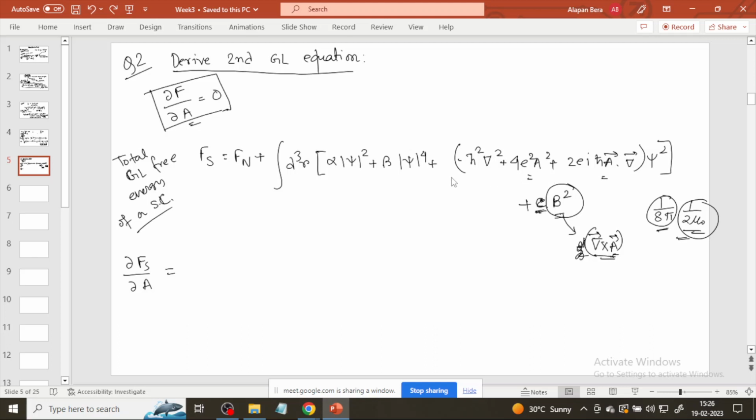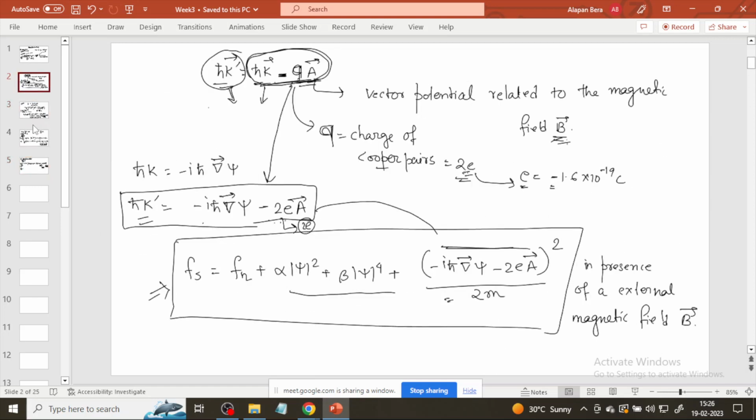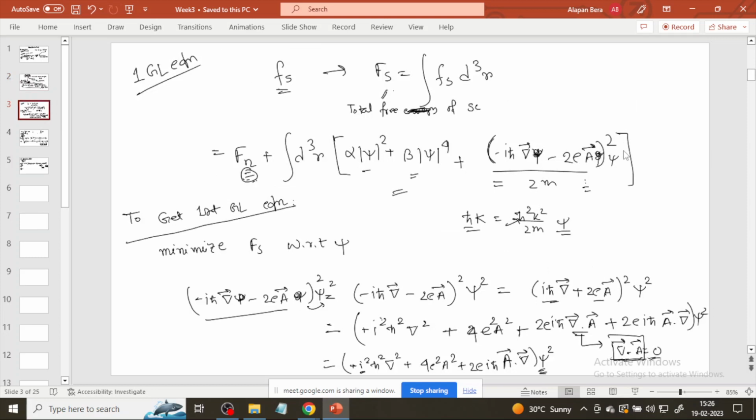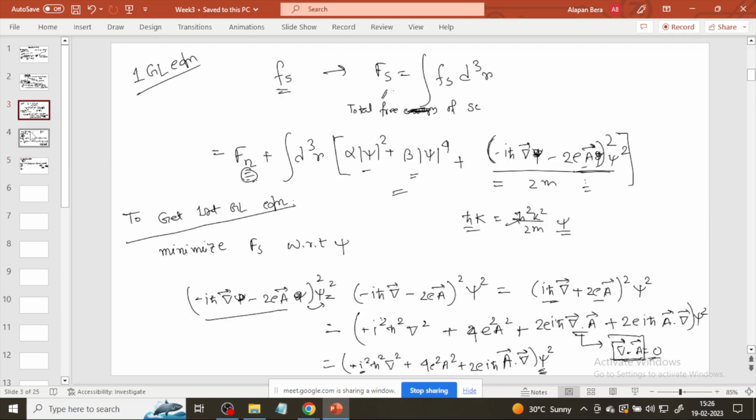We know that these terms go to 0 when we take the derivative with respect to A, because they are independent of A. But let's start again from this equation without simplifying the term, because it will then be easy to finally reach the standard equation, which you can see appear in the book or in other videos. So let's start from this equation only.